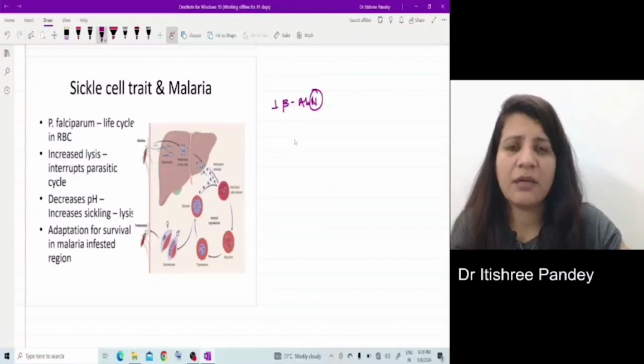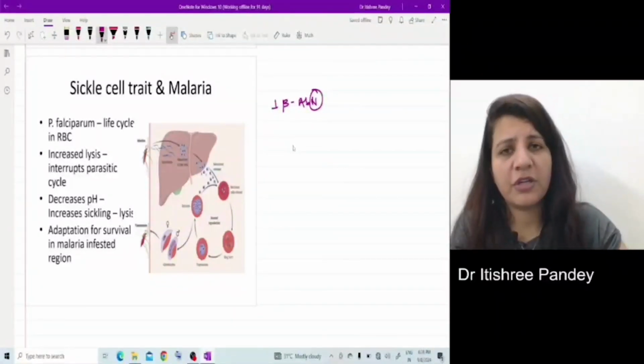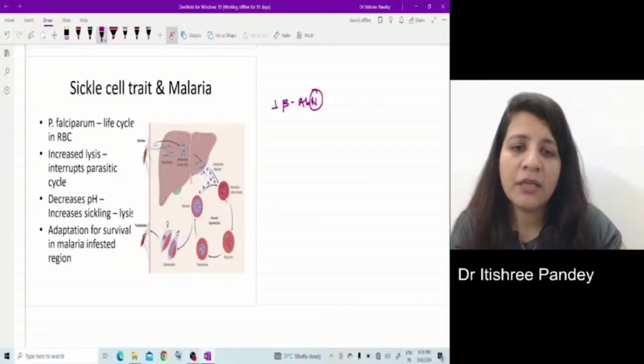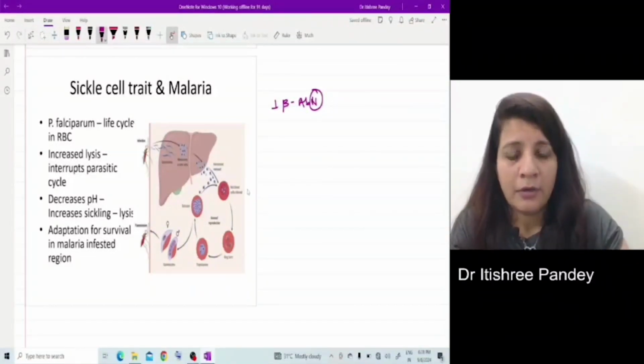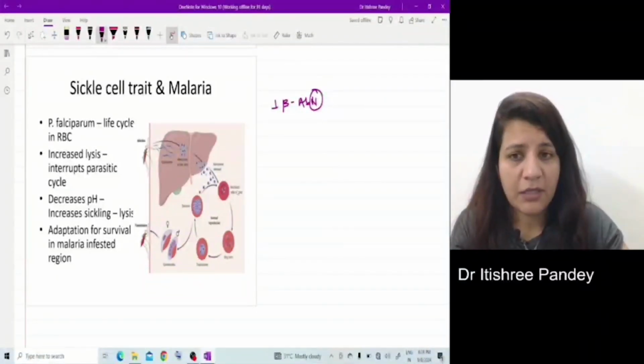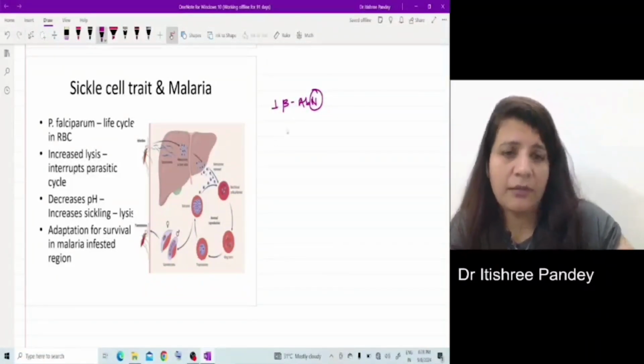So it is said that sickle cell trait is an adaptation for survival in malaria infested regions, because Plasmodium falciparum, which is the causative agent for malaria, has a life cycle in RBC, and in sickle cell trait, when there is increased lysis, it interrupts the parasitic cycle.